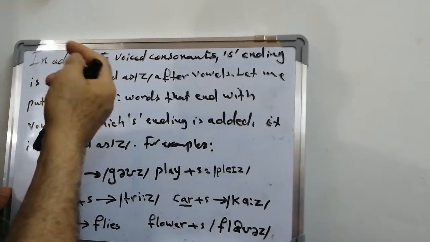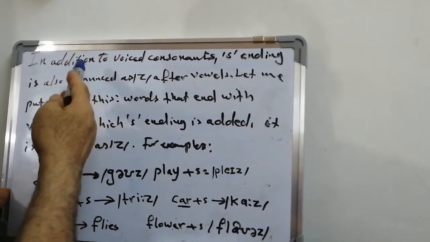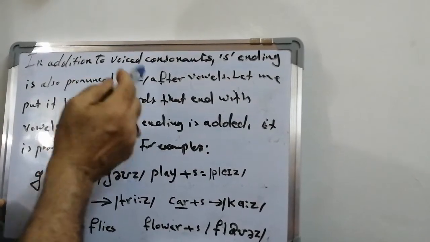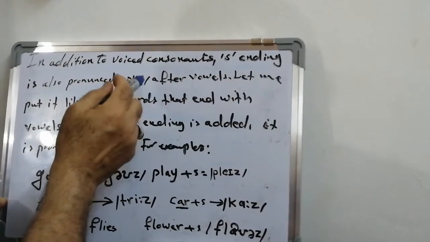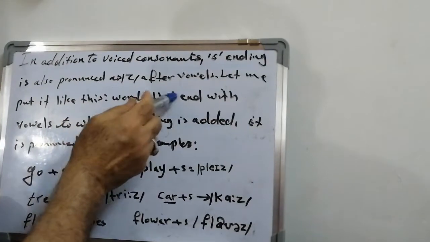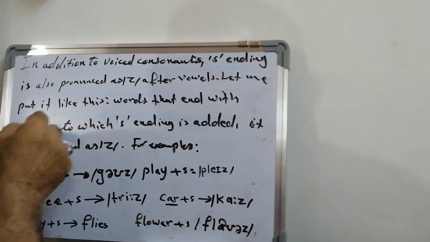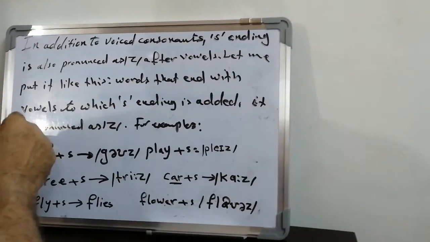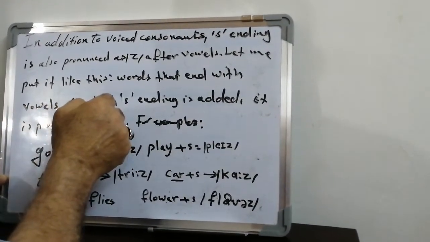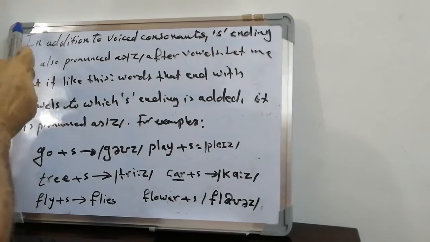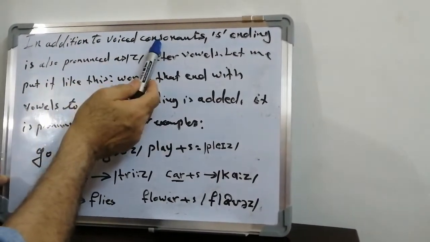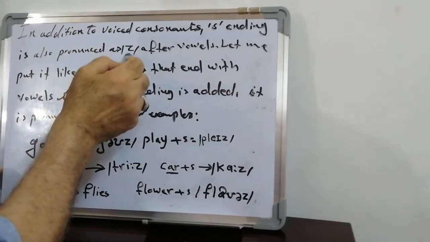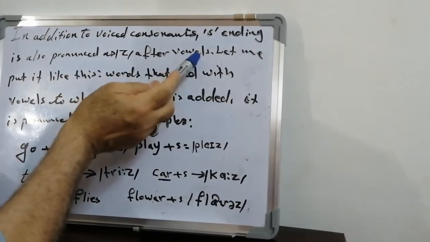And other examples. Here, the s ending is also pronounced /z/ after vowels. Words that end with vowels to which s is added, it is pronounced as /z/. I repeat from the beginning. In addition to voiced consonants, the s ending is also pronounced as /z/ after vowels.